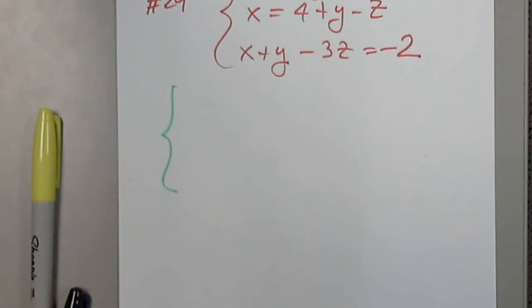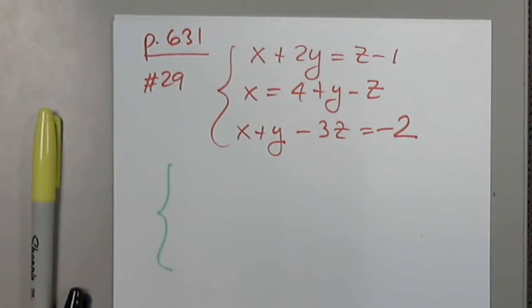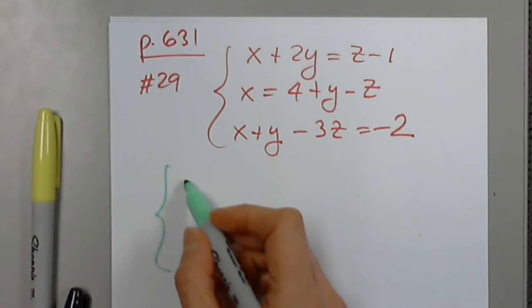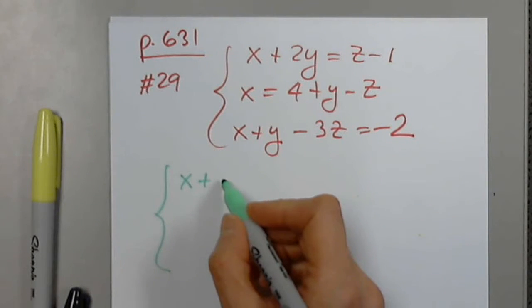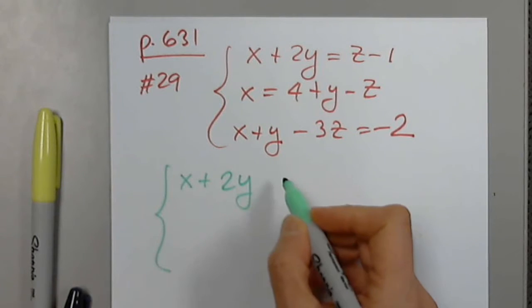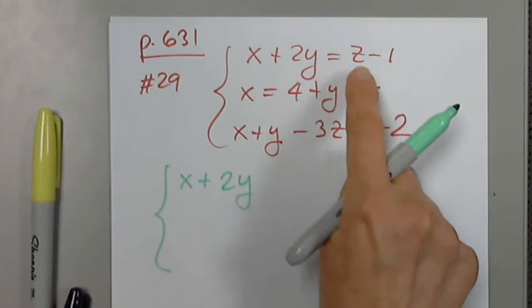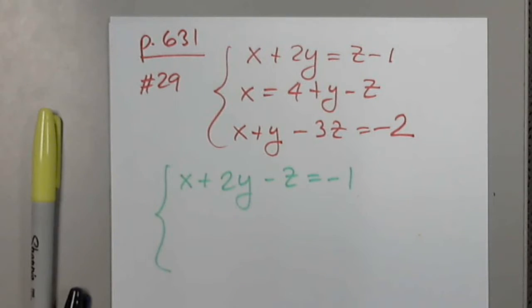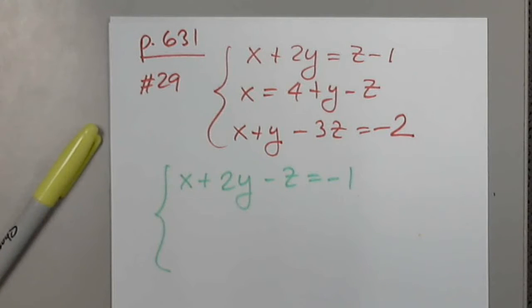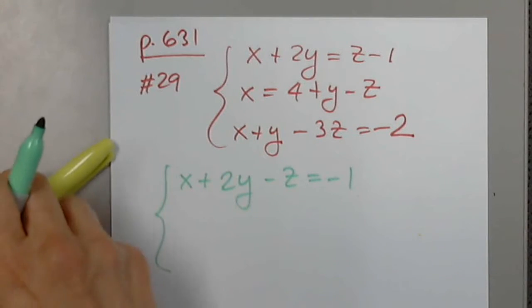I'm ready when you are. X plus 2y equals minus z. Very good, equals negative 1. So all the effort now was targeting the first equation where you had to put it in the correct order.